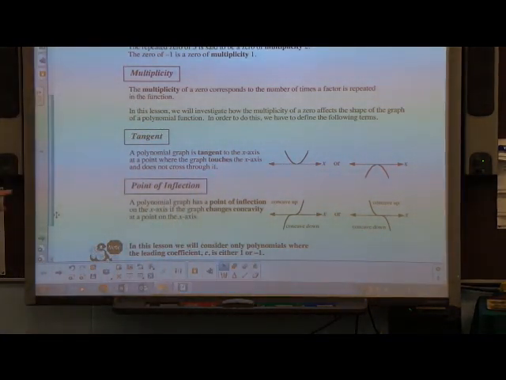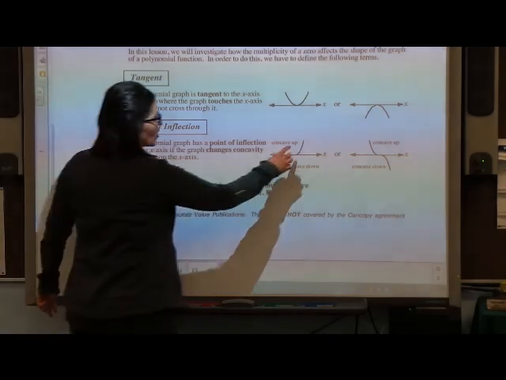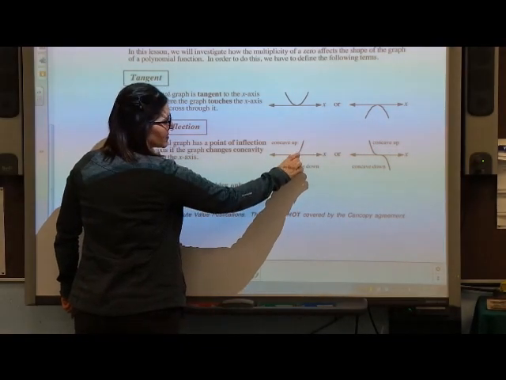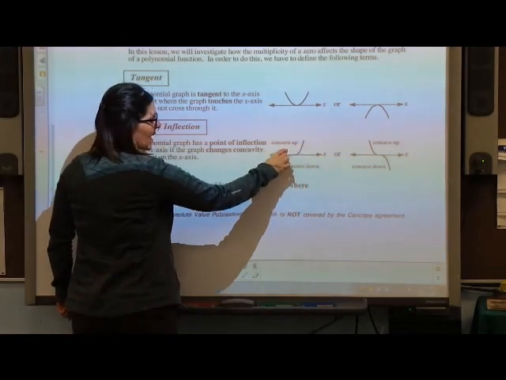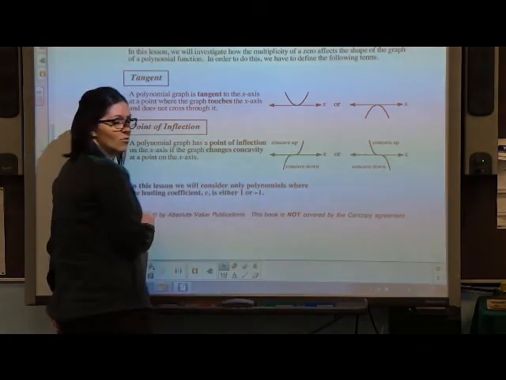Then we have a point of inflection. A point of inflection changes concavity at the x-axis. So if I look here, it seems to be going concave up because it looks like it should go up this way, but then it changes and goes down.